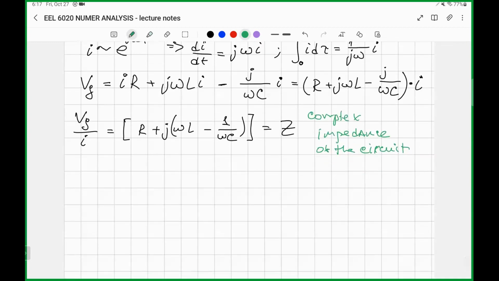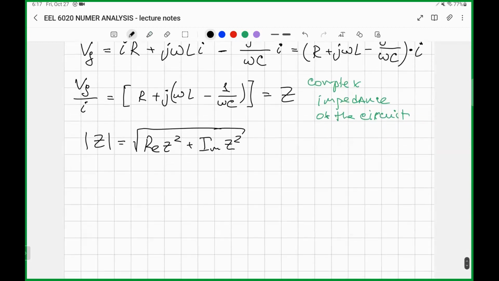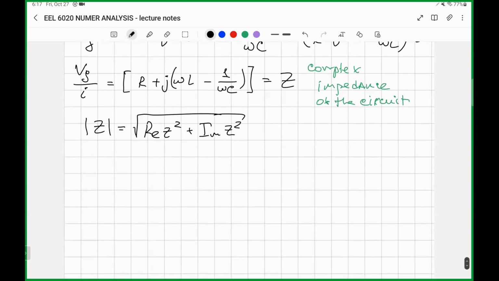So this impedance is a complex number, and a complex number is described by the amplitude and the phase. For the amplitude of this complex number, well, we know this formula: the square root of the real part squared plus the imaginary part squared.